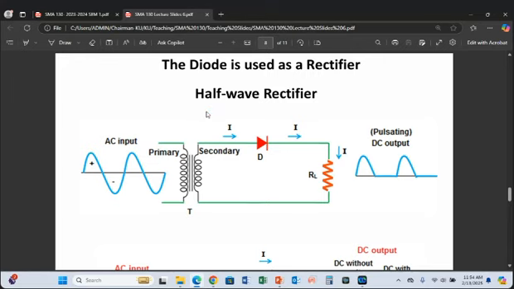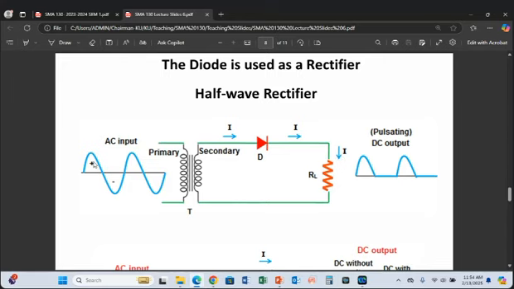Then here we are showing an application of a diode in what we call a rectifier. A rectifier is a device which makes current flow in the same direction. If you see here, we have a transformer. At least you understand this is the symbol for a transformer, and the transformer works with alternating current, AC.